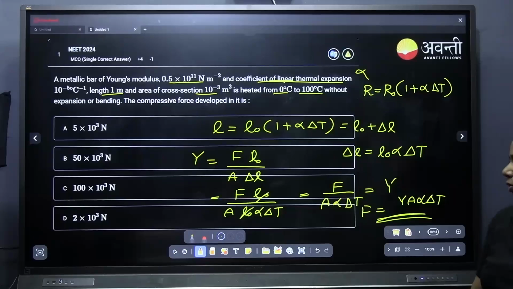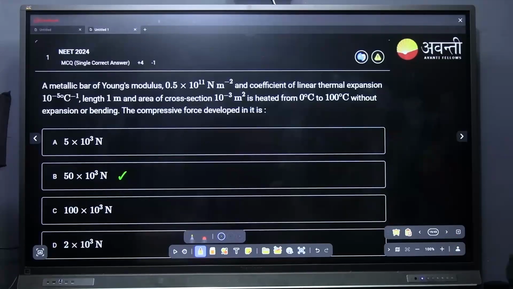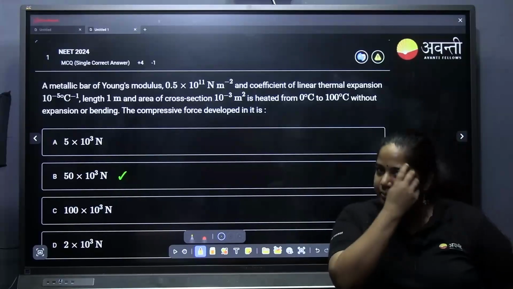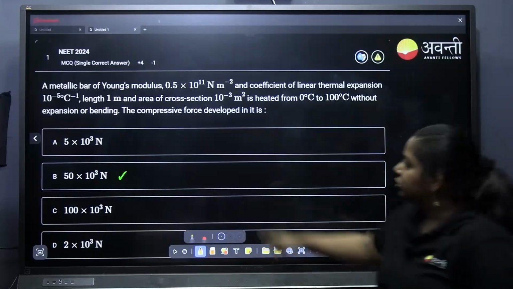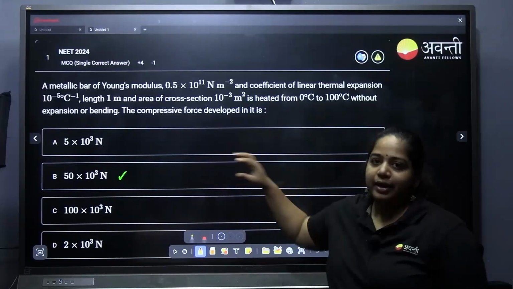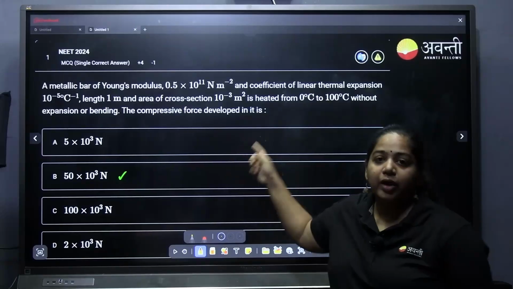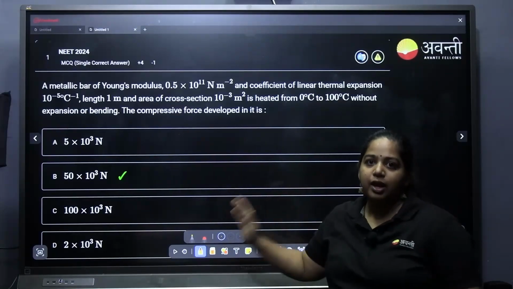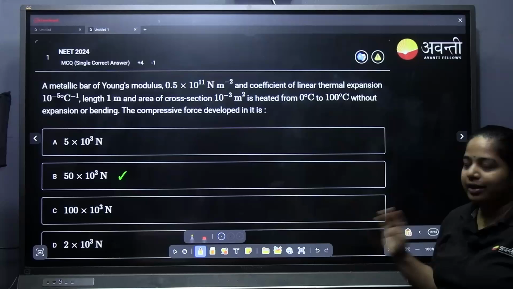Option B, ma'am. Okay, let's see. Option B is the answer. As you can see, option A and B are close to each other, so you have to calculate the power of 10 properly, then you will get the correct answer.